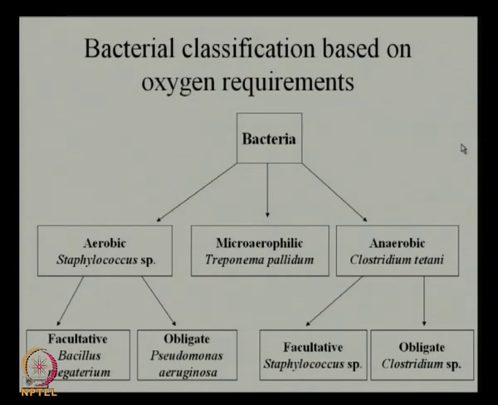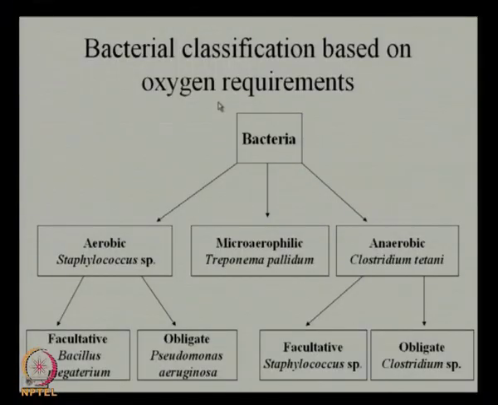It can also be spiral, or comma shaped bacteria. What we have learned is that bacteria can be classified based on oxygen requirement, and these bacteria may be aerobes, anaerobes and microaerophilic. It may be facultative aerobes, or obligate aerobes, where for their growth oxygen is a must.